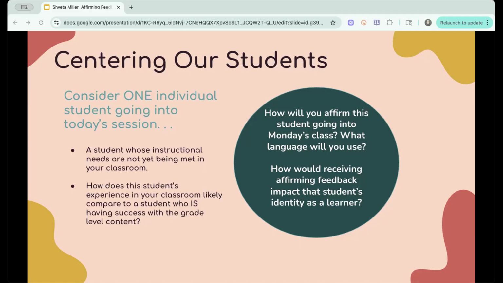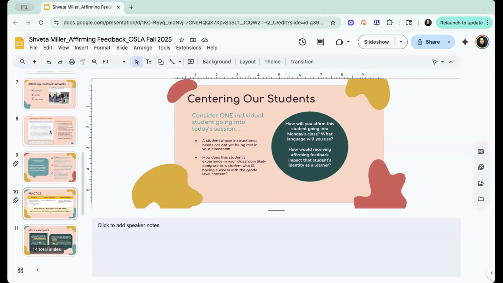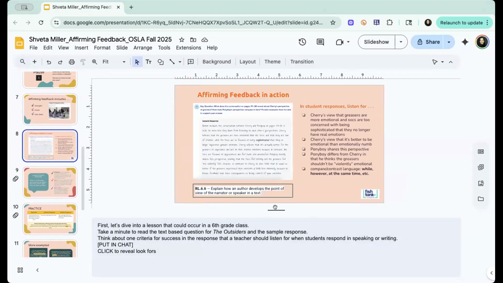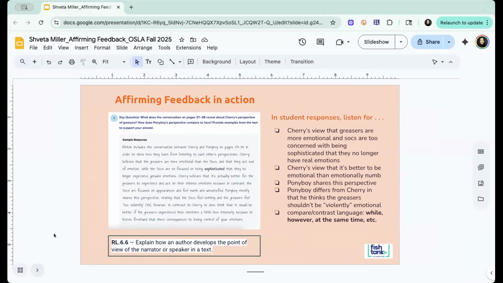I like what Stacy's saying about planning this out. So going back to the deck here, this is work that would have been done in lesson planning. The teacher takes the question from the curriculum, has read the sample response, and internalized what am I listening and looking for when students answer this?